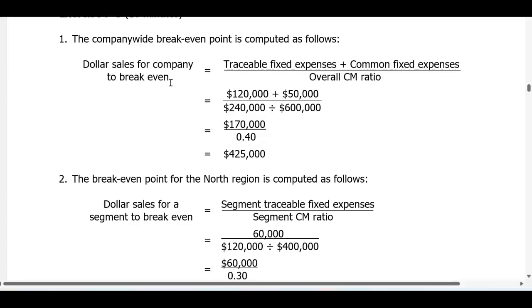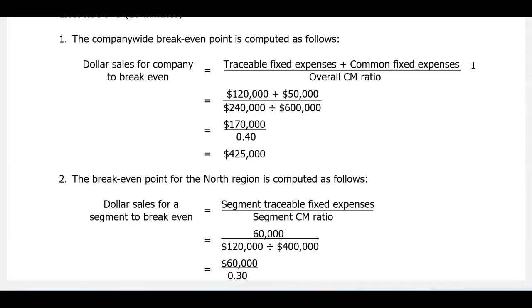Company-wide break-even point is computed as follows. Traceable fixed expenses plus common fixed expenses, which is combined total fixed expenses, plus zero target profit, which is not in here, because the way I show you, it's a comprehensive formula.